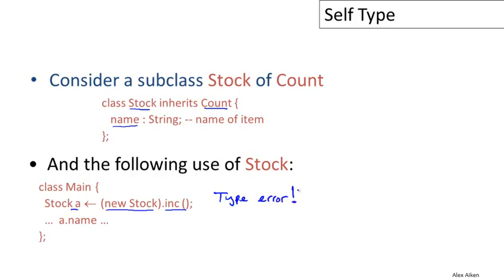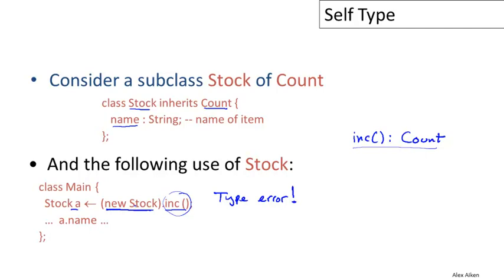And why is that? Well, let's think about it for a minute. What is the signature of inc? Remember, inc was declared to return things of type Count. And when the inc method is inherited by the Stock class, this signature doesn't change. It still returns things of type Count. So here we have a new Stock object.